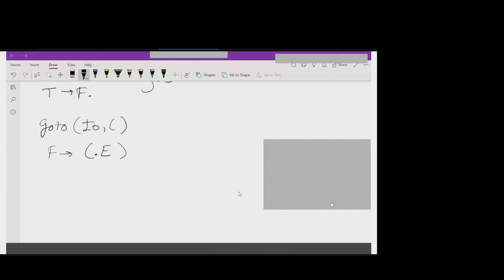Dot is before E. So E is a non-terminal symbol. So you have to, आपको closure operation करना पड़ेगा इसमें. तो E का closure operation करेंगे तो क्या आएगा? E gives dot E plus T and E gives dot T.